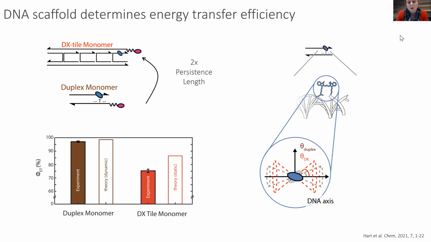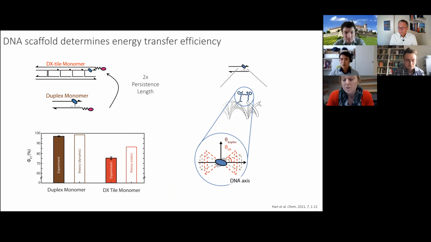And so to test this, we used a Monte Carlo FRET simulation that incorporated these dynamic and static limits along with their relative distribution and dipole angles, and we're able to recover a relatively similar trend to what we recovered experimentally, which shows that, somewhat interestingly, in the limit of a relatively flexible scaffold, which is what we see in the duplex, we actually have higher energy transfer efficiency than on the relatively more rigid DX tile.